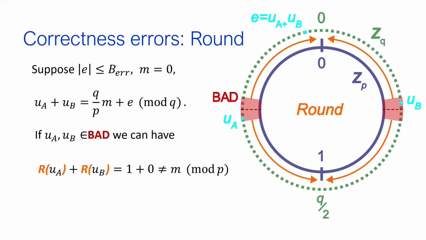So in the end, if we sum the shares after rounding, we get 1 plus 0, which is 1, and not our original message M, which was 0. And this can happen whenever one of the shares is in this red bad area. And the probability of landing there is this expression, which is proportional to P over Q.